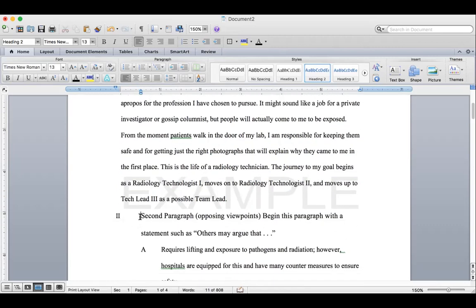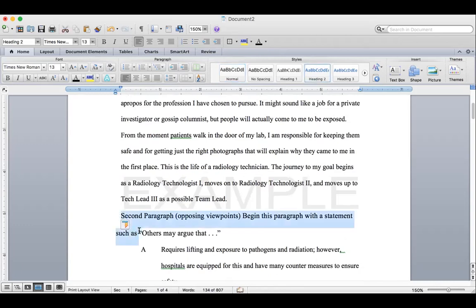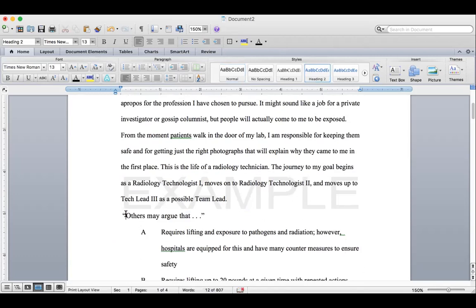Okay, remember the second paragraph is the negatives. So I'm going to start it by "others may argue." I'm going to take this out because remember I put quotation marks around it because you could use that if you want to, that this is a difficult field to work in.